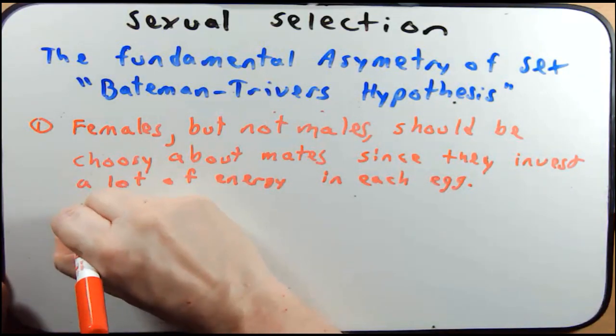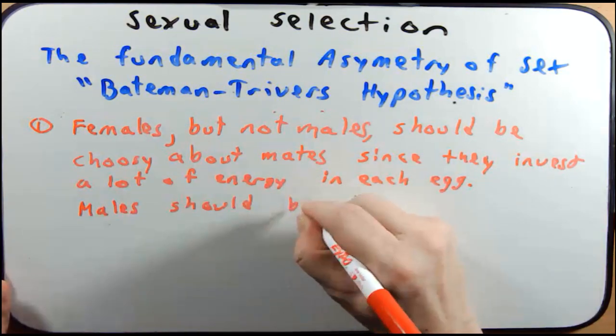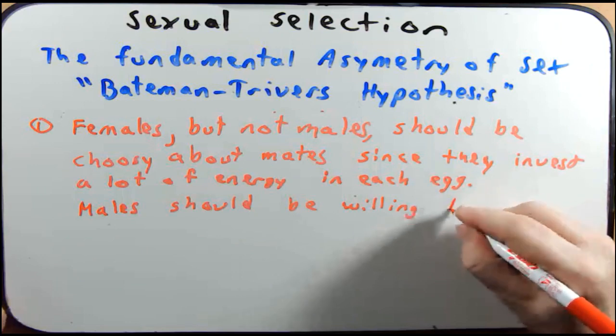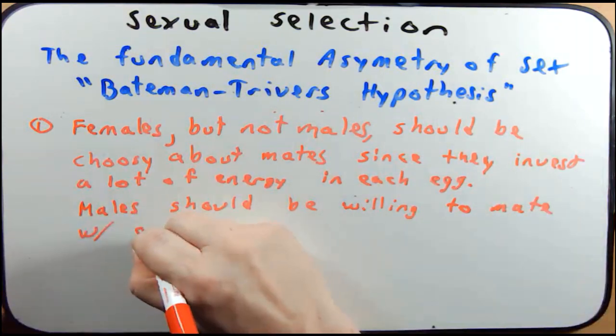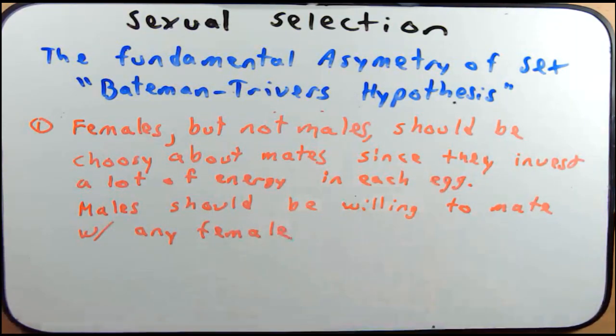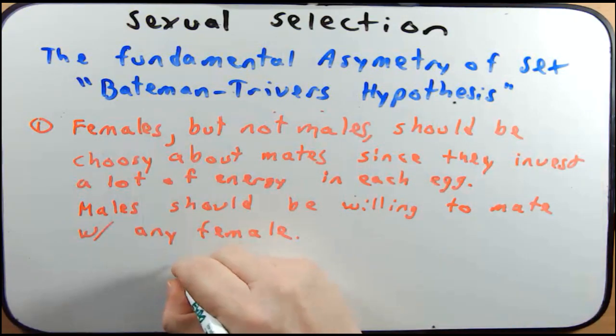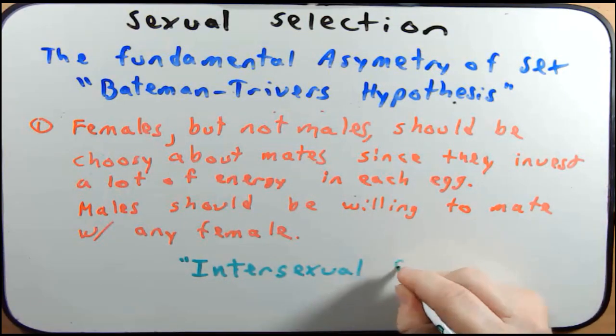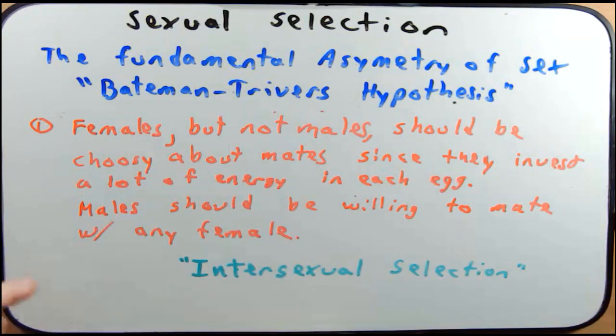Similarly, males should be willing to mate with almost any female, because they're not spending a lot of energy in the production of their sperm. This is called intersexual selection, because one sex, females, is being choosy about which males to reproduce with.